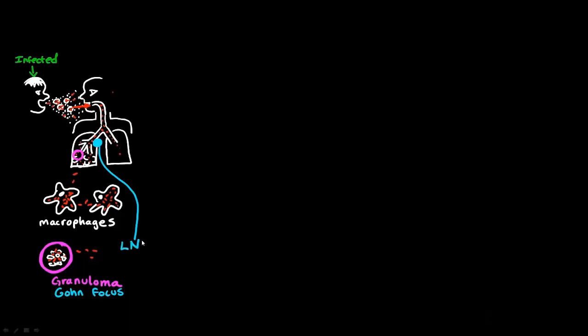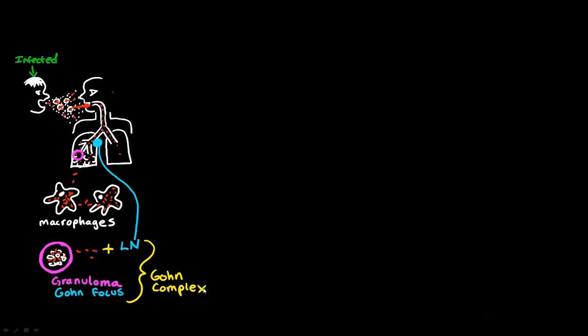And this may be evident on a chest x-ray that a person has done either for routine basis or for whatever reason. And a radiologist seeing this will say, oh, this looks like a previous infection with tuberculosis. And we'll show later an example both of a granuloma and a Ghon complex on radiographs.